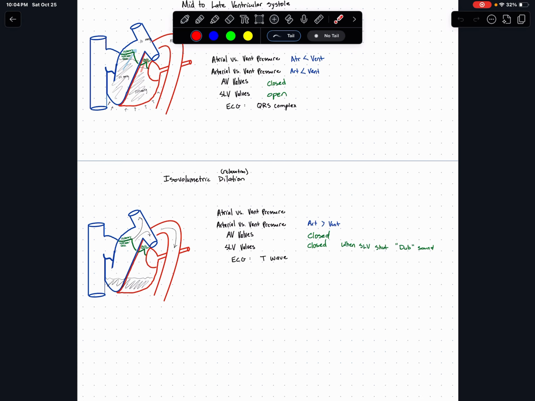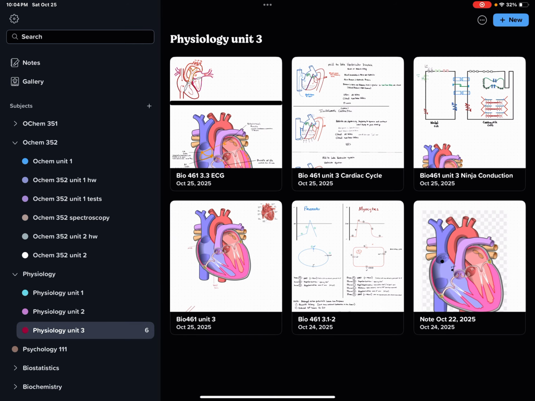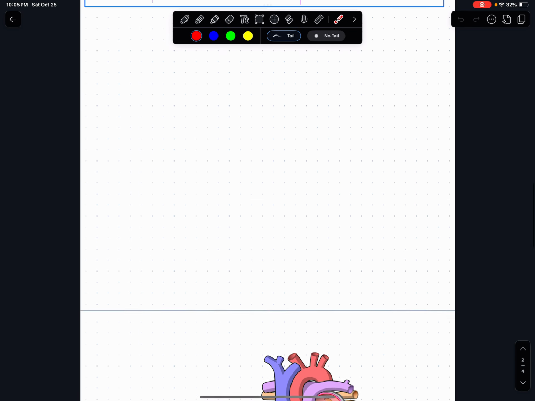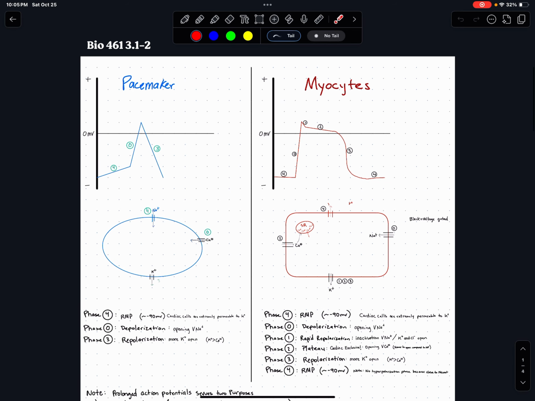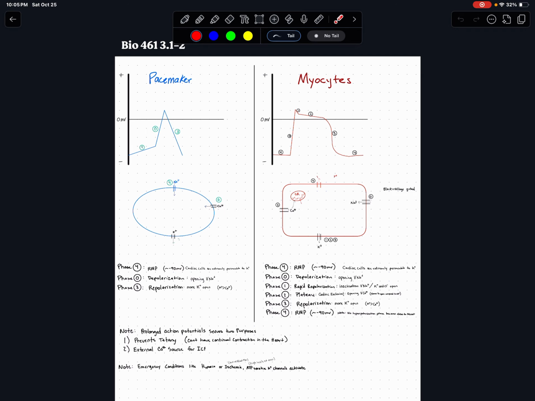So, myocytes. They have phases 0, 1, 2, 3, 4. We're going to go over that real quick. Phase 4: we're at resting membrane potential. Potassium is going in and out of the membrane, maintaining a negative charge. These are super negative charges, like we're talking negative 90.